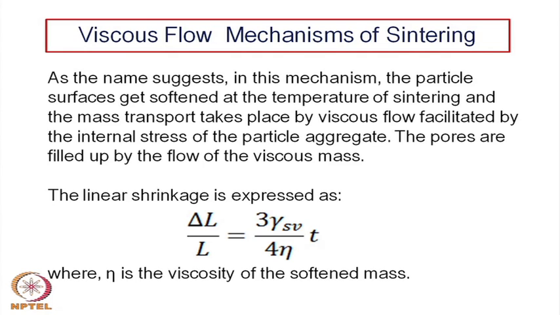So, there is a certain amount of internal stress generated. If there is plasticity available on the surface of these particles at a higher temperature, then this stress is good enough for the flow of the material on the surface. The pores are filled up by the flow of the viscous mass.